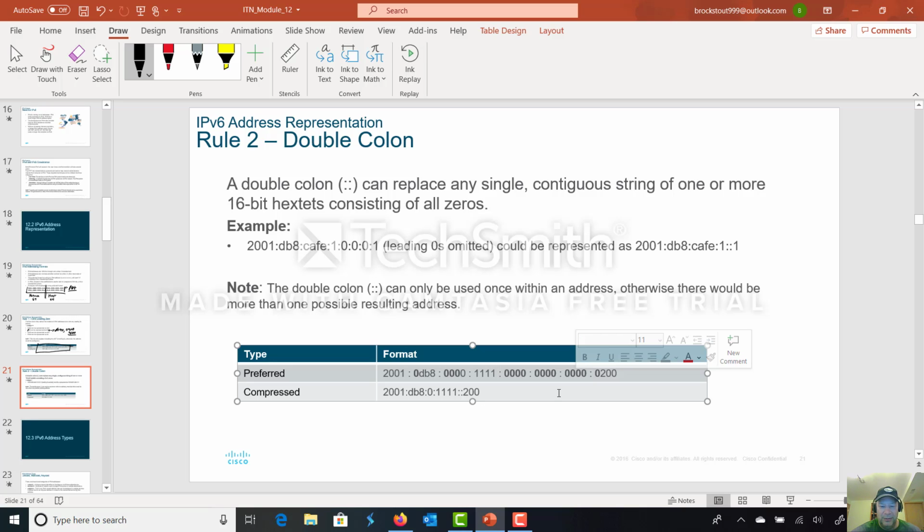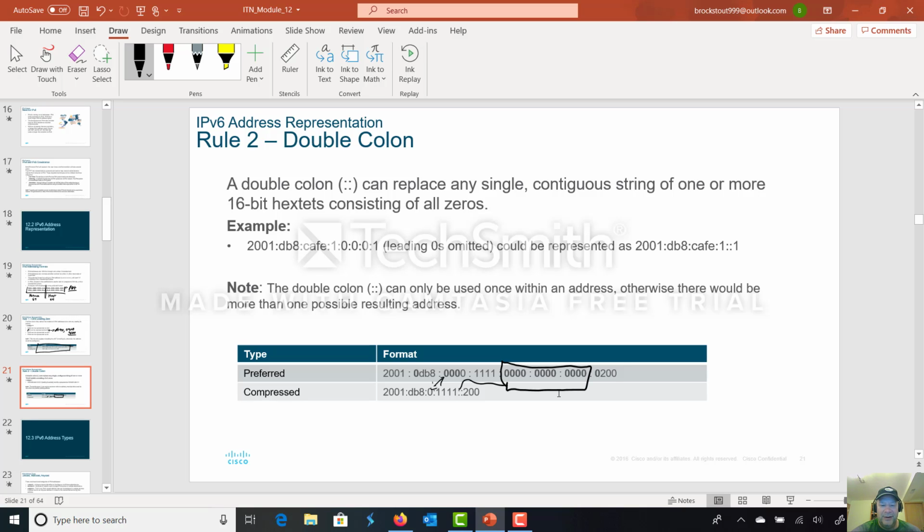So there's 1, 2, 3, 4, 5, 6, 7, 8. We've got 8 blocks. Now, if we take the 3 sets of leading zeros and take them out, we're going to end up with just 5 blocks, and we'll know that the double colons represent 3 of those blocks. So that's what they did here. They went to 2001, DB8, 0 here, 0 for this 0, and then 1111, and then they double coloned out. This double colon represents all 3 of these blocks.